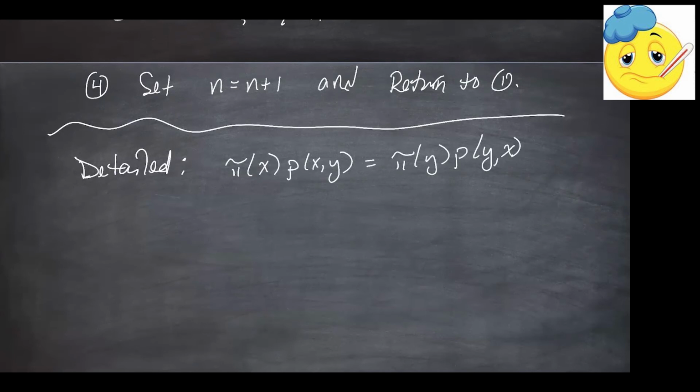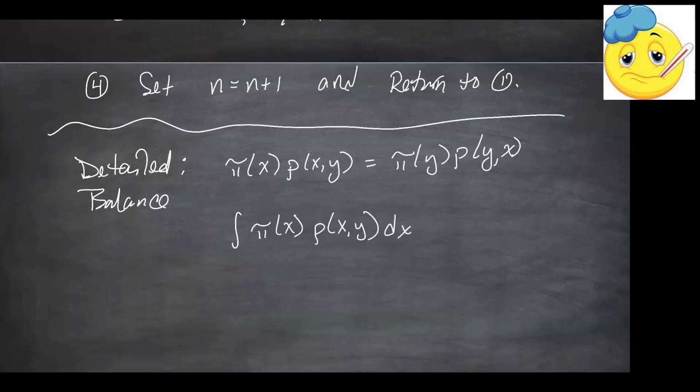And if you have that detailed balance, then if I integrate both sides with respect to, say, x, then I get the other side with respect to x. And in that case, I get to pull out the pi(y). And P(y,x) integrated over x integrates to 1.